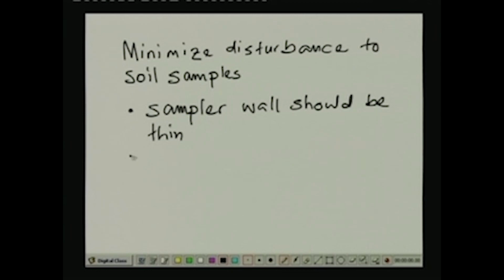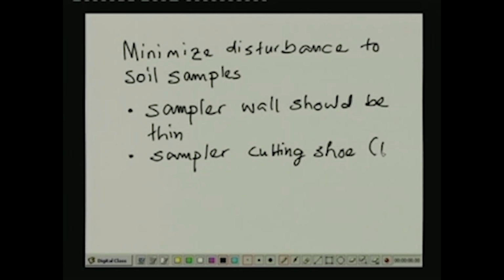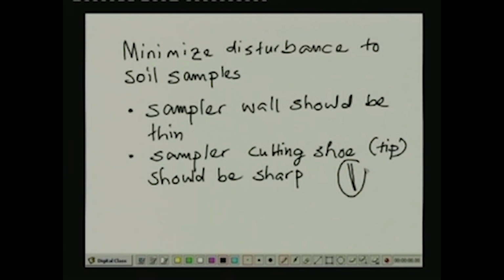then the cutting shoe or tip of the sampler should be sharp, or it should be of this shape, a very thin knife like shape.